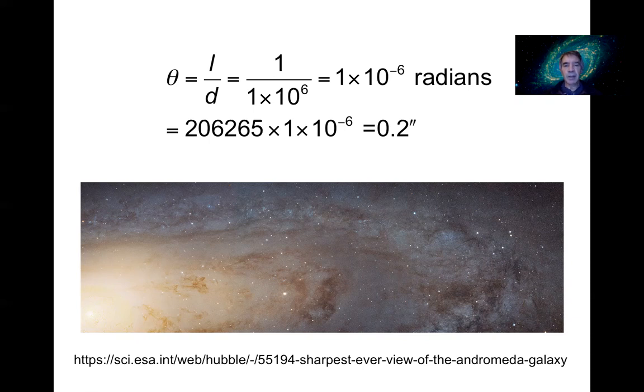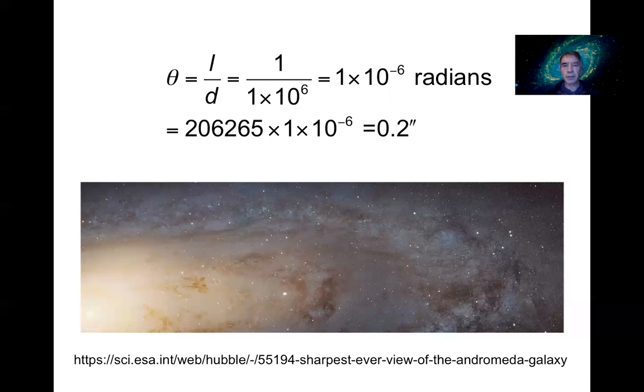Okay, and so you can see that with typical ground-based telescopes, where the seeing, the typical image quality, is half an arc second or 1 arc second, you wouldn't resolve the individual stars at all. You just see this sea of starlight, but find it difficult to resolve individual stars.